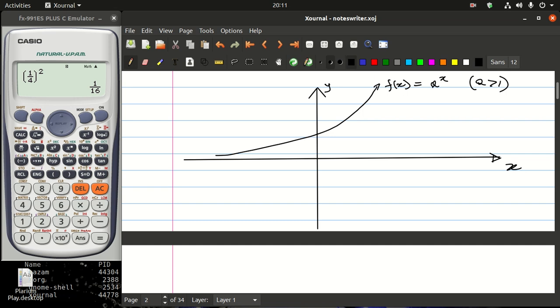Now, if you have this nice curve here, the question will be, is this an even function or an odd function? Note that if you have an even function, you must have a mirror there. One mirror along the y-axis, so the y-axis is a mirror. If you were to stand here and look into this mirror, what would you see? How would this graph be seen in the mirror?